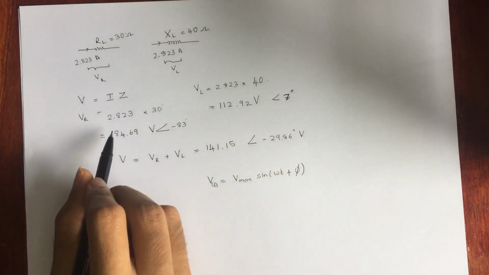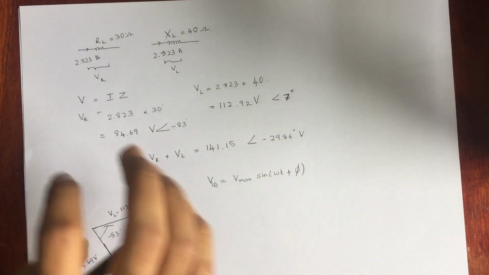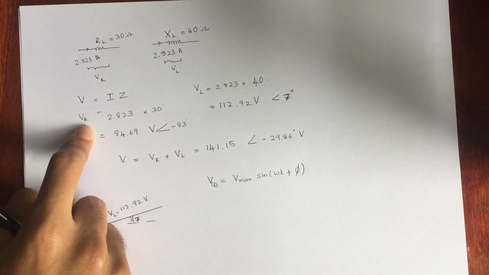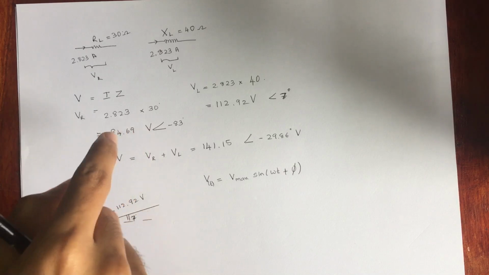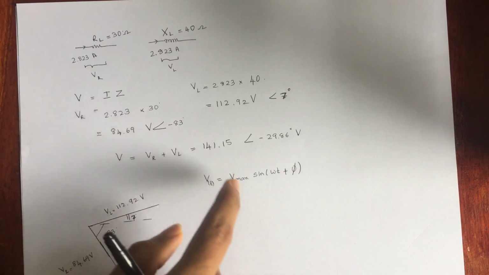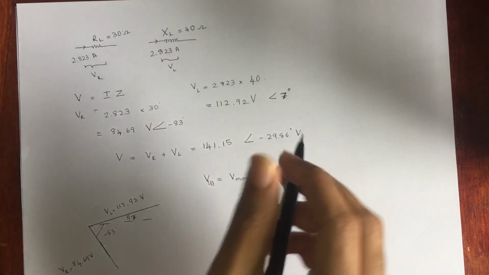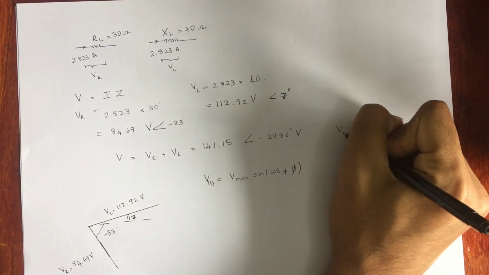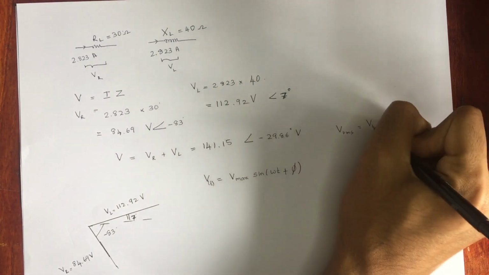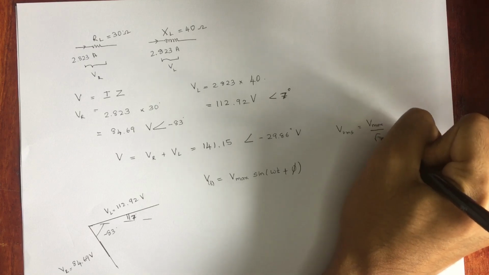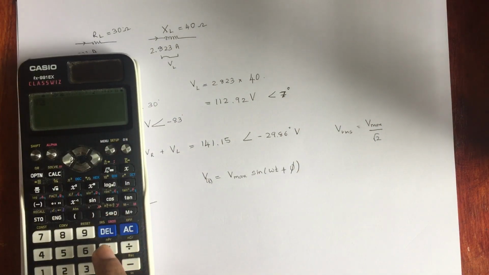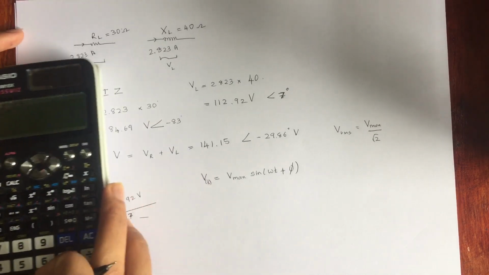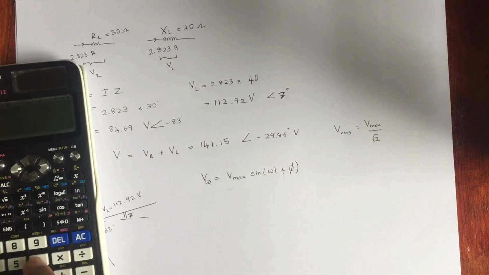So when we are considering the V max for this resistor component, we knew the value of 84.69. This is the RMS value. We know that V RMS equals V max over root 2. So from that we can tell V max equals root 2 times this value 84.69.